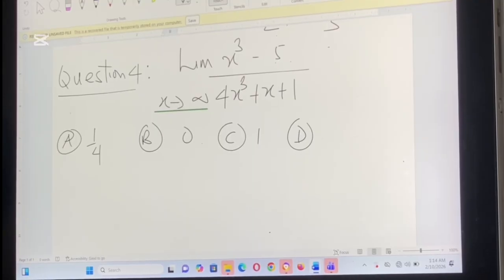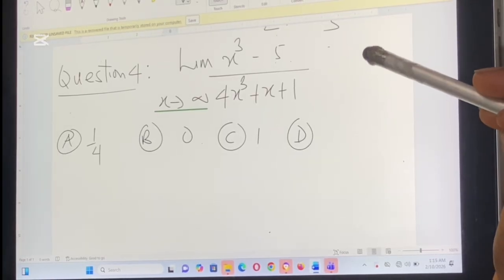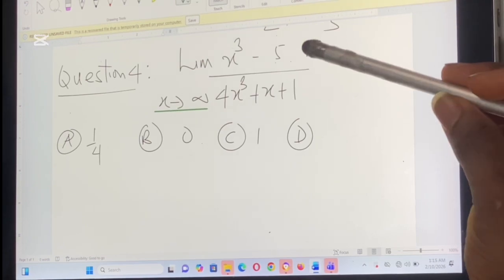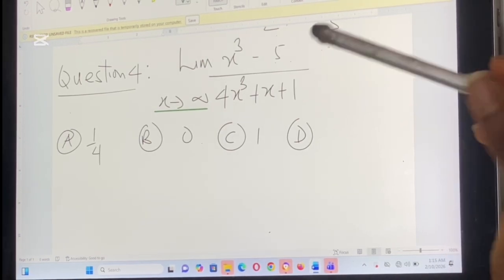Now, there's a simple way to solve every limit at infinity. Please, this shortcut I'm going to give is only for limit at infinity. To apply the shortcut, you have to know the highest power at the numerator and the highest power at the denominator.